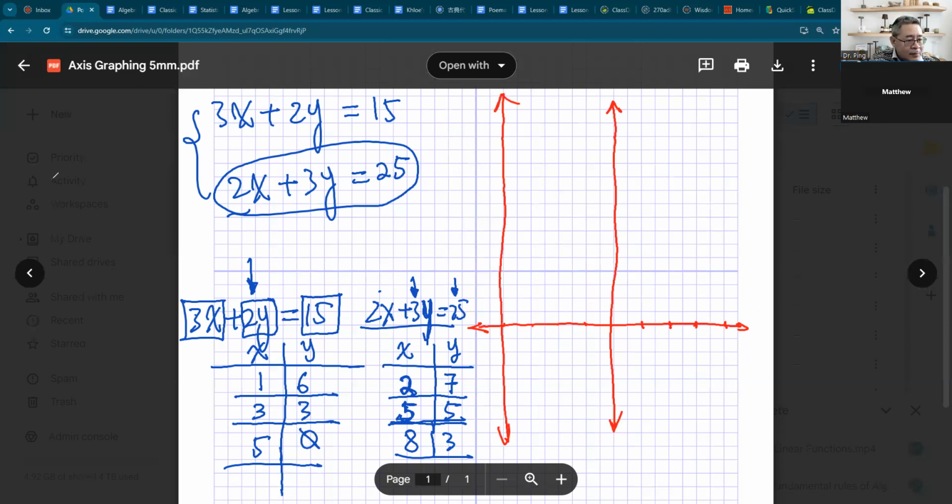So now let's see. The first one is 1, 6: 1 here, 6, 1, 2, 3, 4, 5, 6. And another one is 3, 3. 1, 2, 3 will be here. Then 5, 0. So we have this line there.